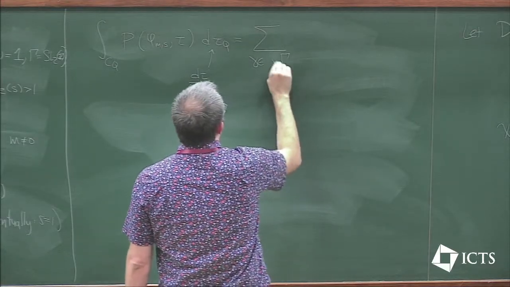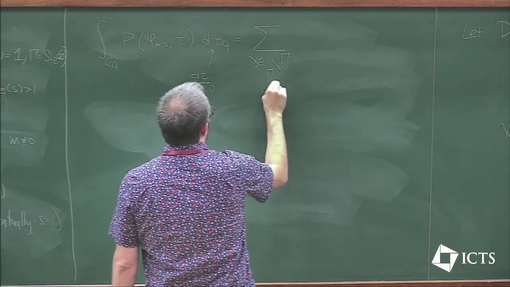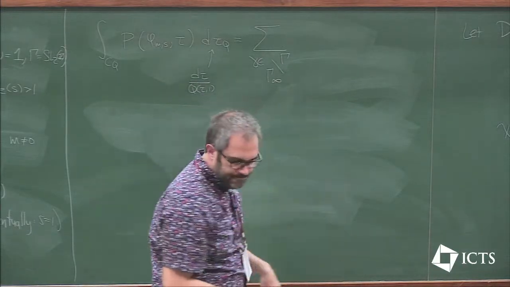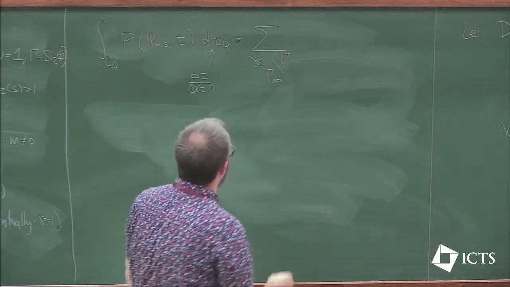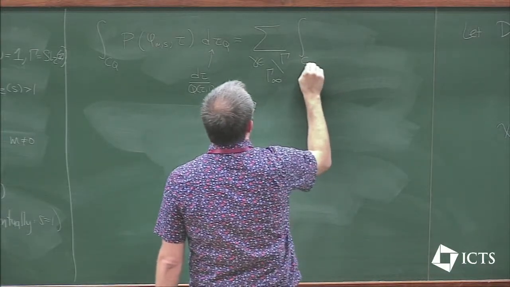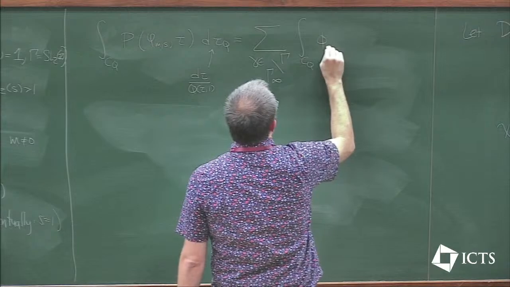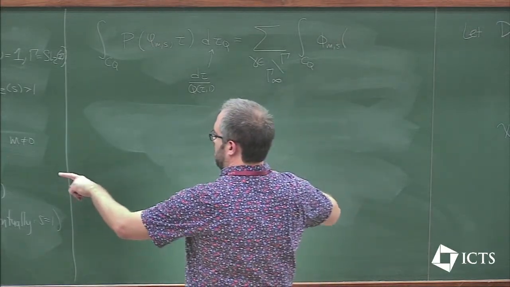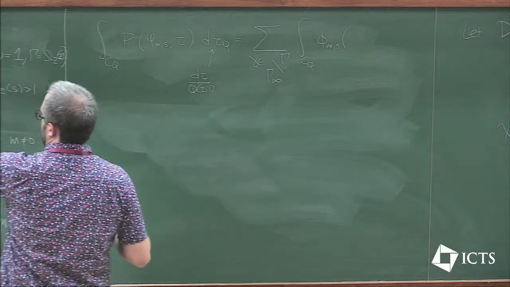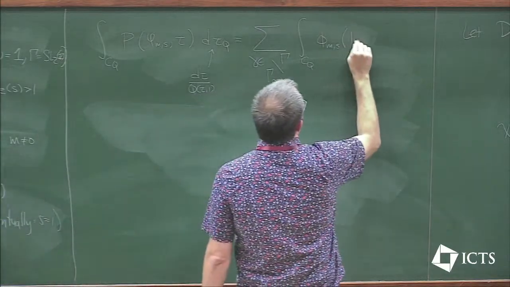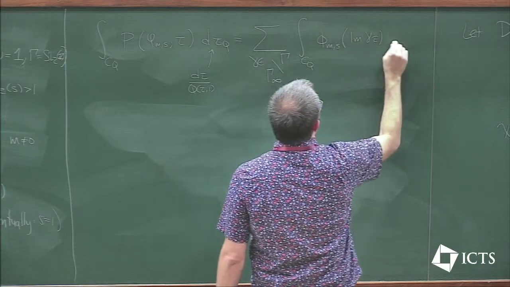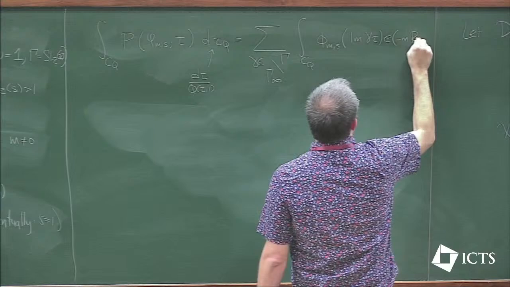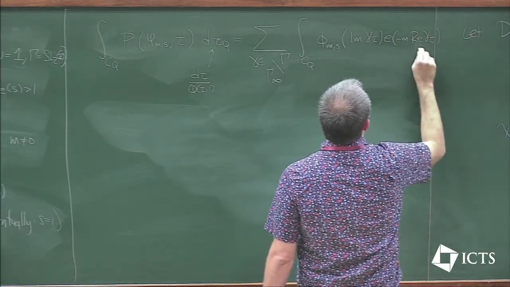So this should be the sum over gammas in gamma mod gamma infinity, and then we will integrate over CQ phi ms of imaginary part of gamma tau, and then e of minus m real part of gamma tau, d tau q.